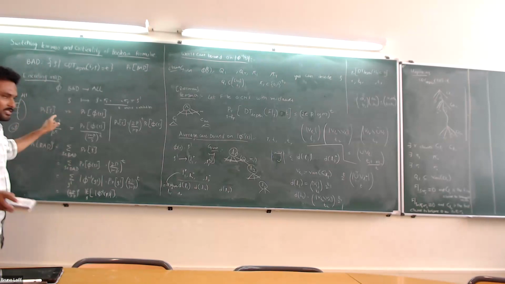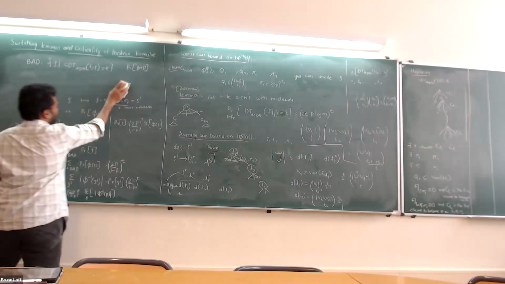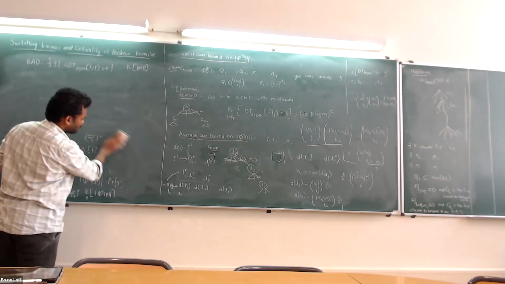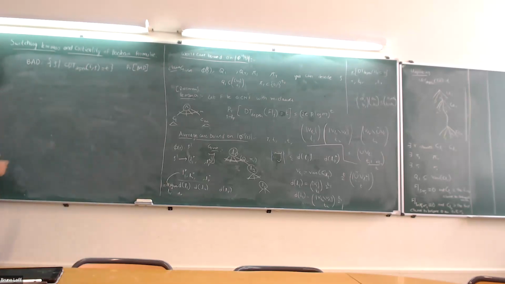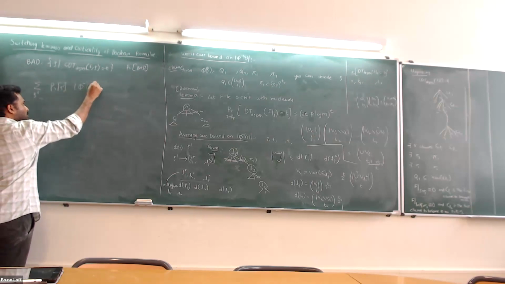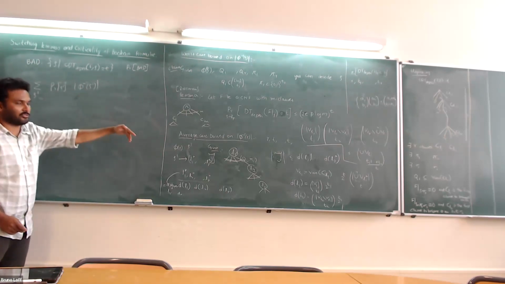Let me use this part of the board. What we're interested in is the sum over all. And we said this pre-image is upper bounded by the size of such a tree.